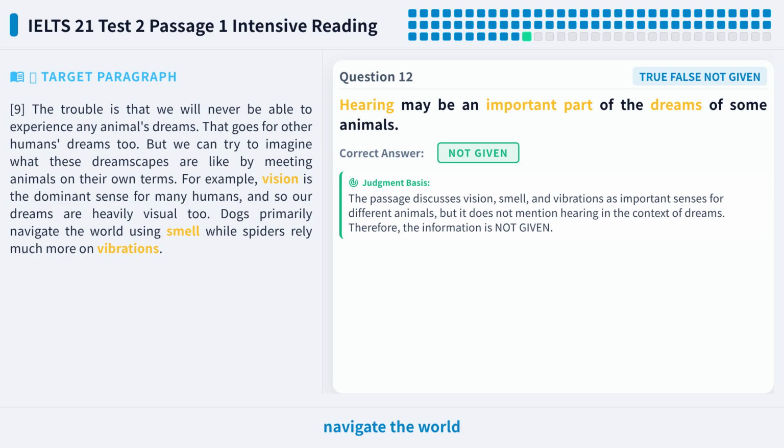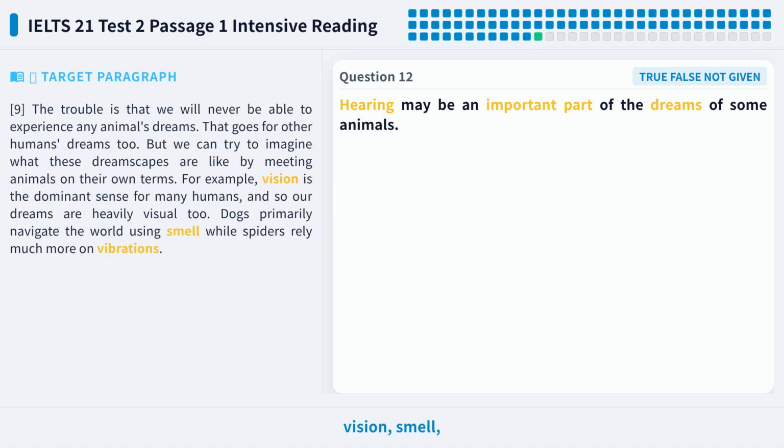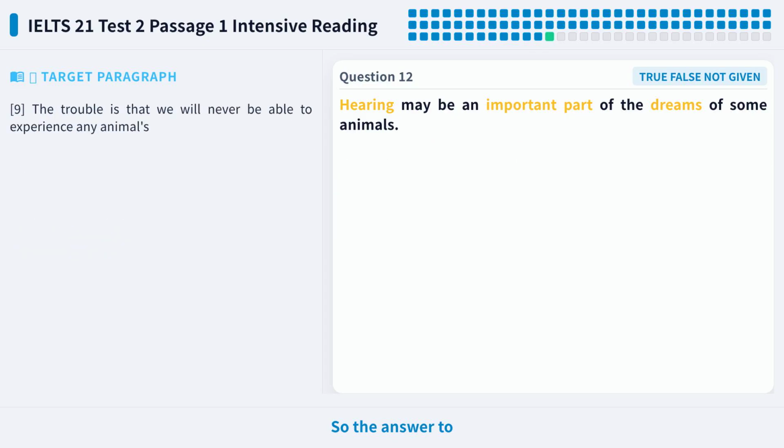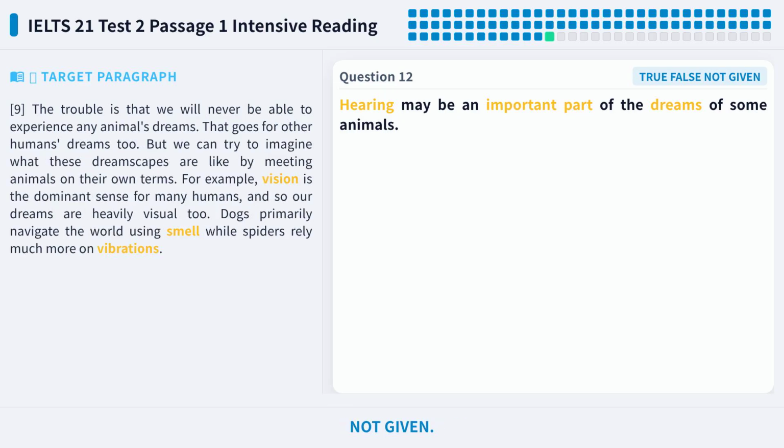Dogs primarily navigate the world using smell while spiders rely much more on vibrations. The passage mentions vision, smell, and vibrations, but does not mention hearing in the context of dreams at all. The concept of hearing in this statement is completely absent from the text, so it is not false, but not given. So the answer to question 12 is not given.